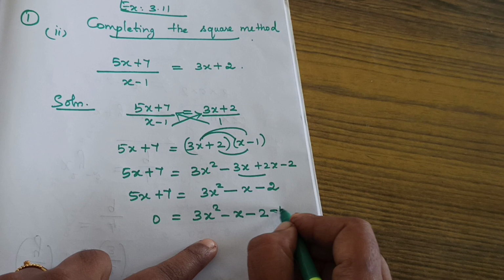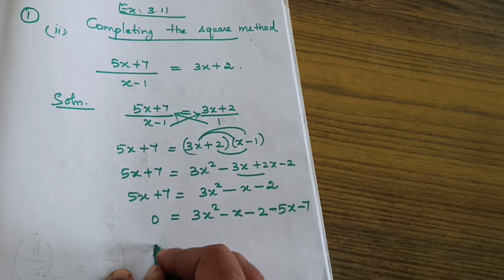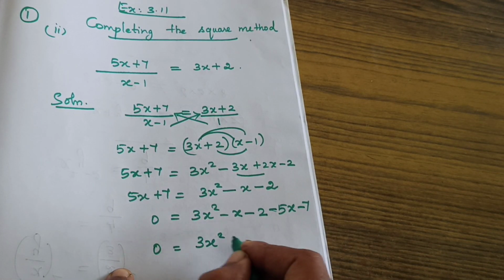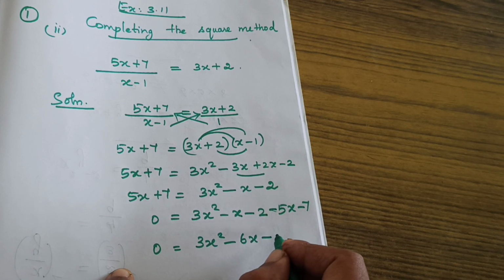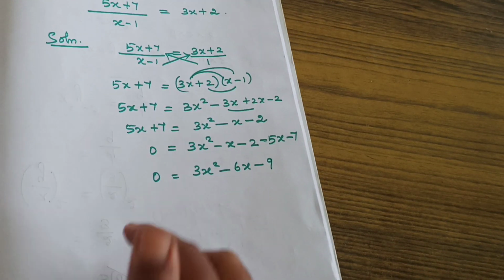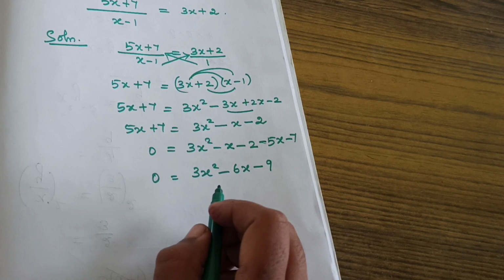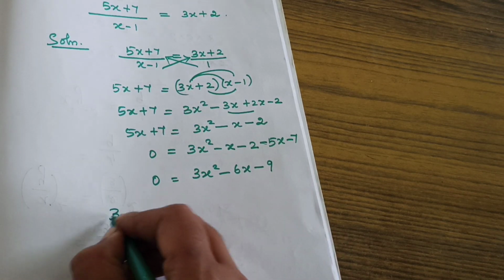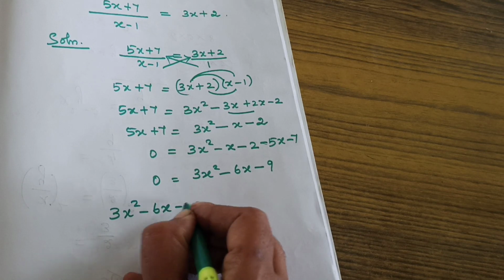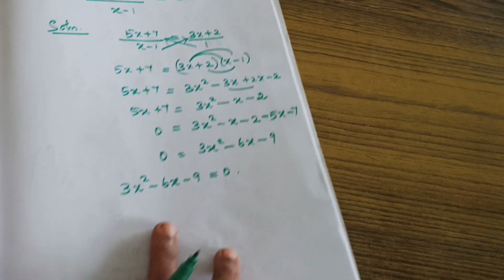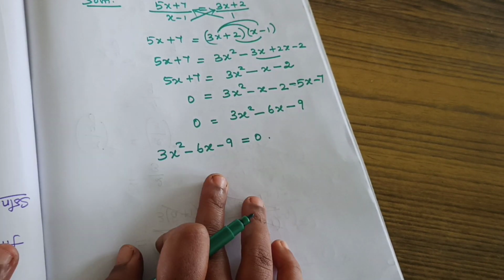Then transpose this side. Minus 5x minus 7. 0 equal to 3x square minus 6x minus 9. So here all the three terms, it is possible to divide by 3, no? So 3x square minus 6x minus 9 equal to 0. Now we got the standard form.